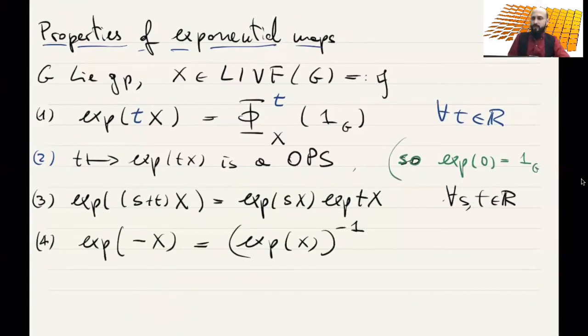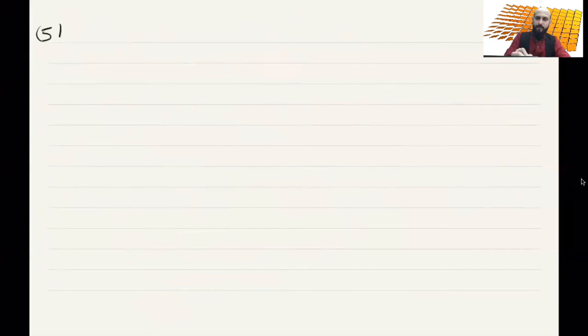Let's continue. So one can prove that the map exp, from the Lie algebra to G, is smooth. And this is just because of smoothness on initial data for ODEs.